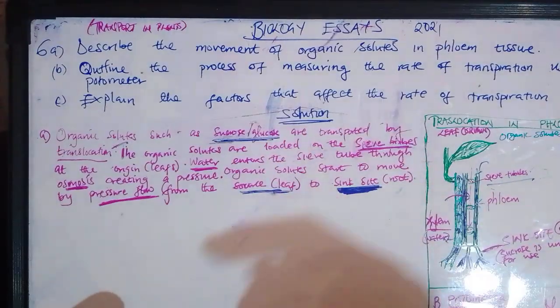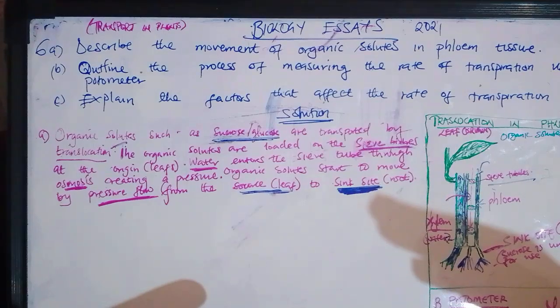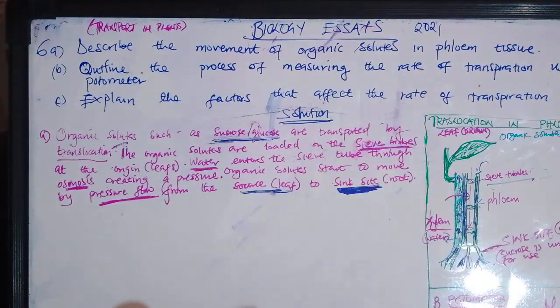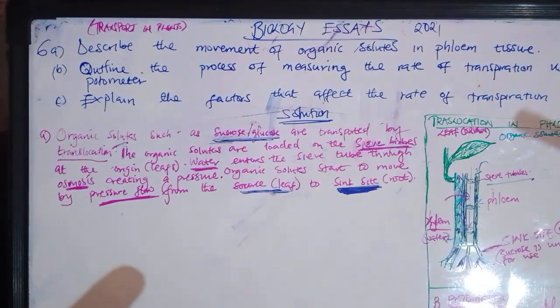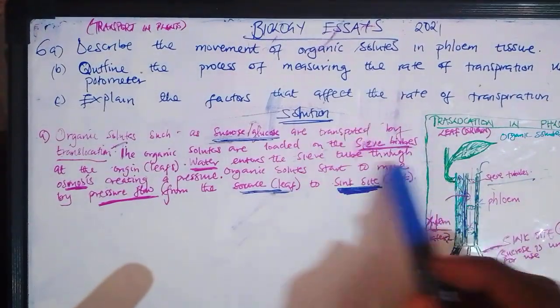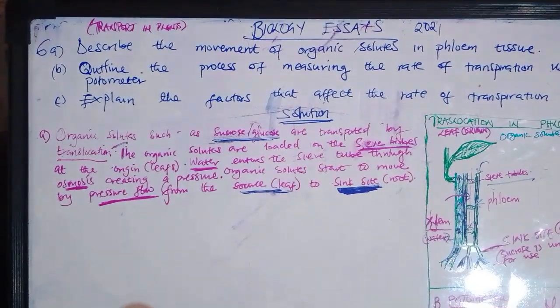So the second thing, after I've described what is being moved, you describe now what? How it is being moved. So how it is being moved is that it is being loaded where? On sieve tubes. Then second, describe now how it is moved again. So it is moved now when what? Water enters the what?